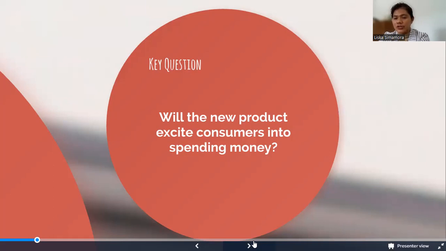So you have to make sure that the things you offer in the beginning will make the customer stay loyal to your product or your service.